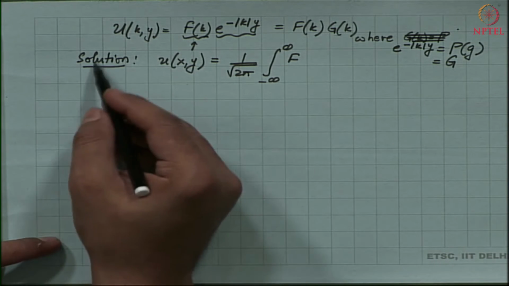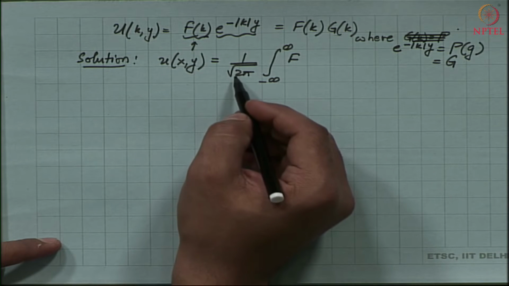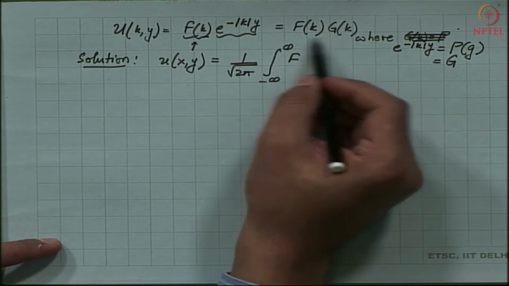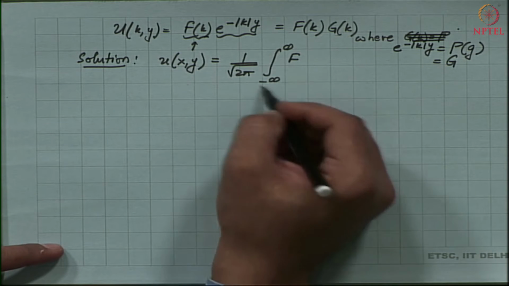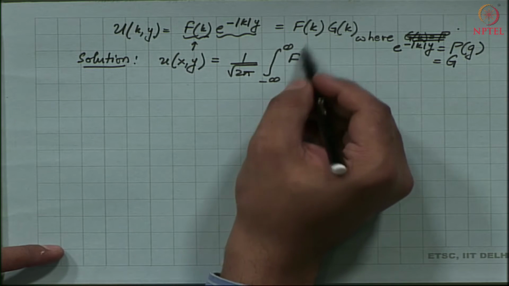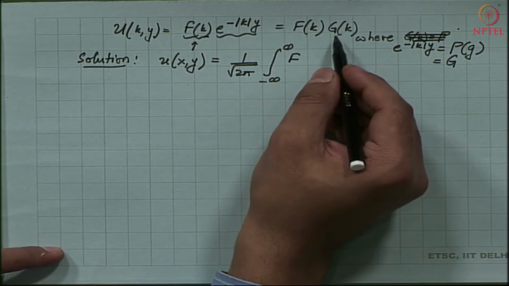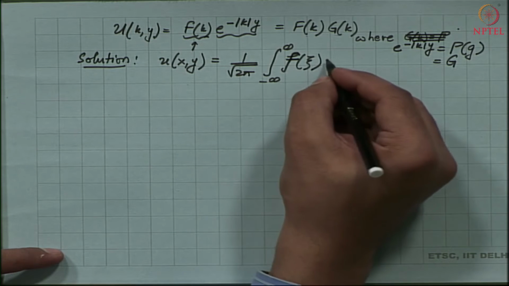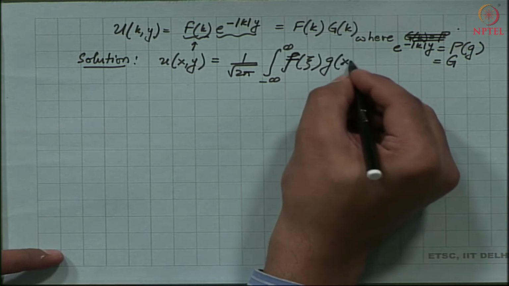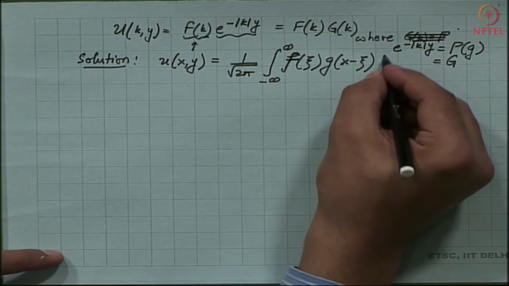So then my solution u is 1 by square root 2 pi. Since this is a product of two Fourier transforms, my solution will be the convolution of the corresponding inverse Fourier transforms of these two functions. So this is equal to the integral of f of zeta times G of x minus zeta d zeta.